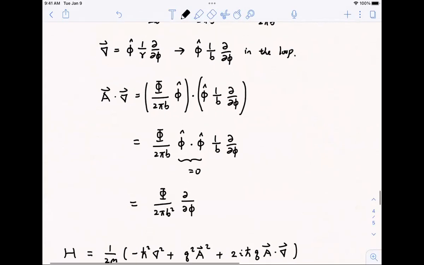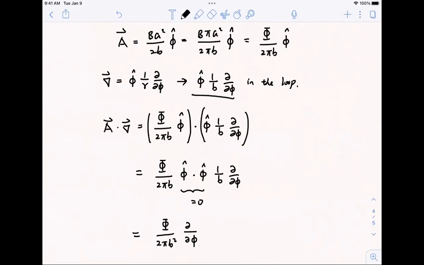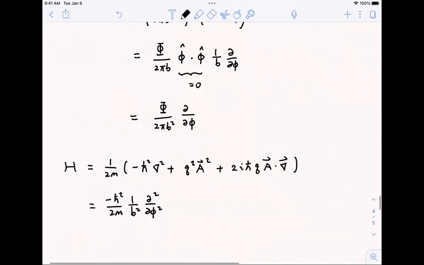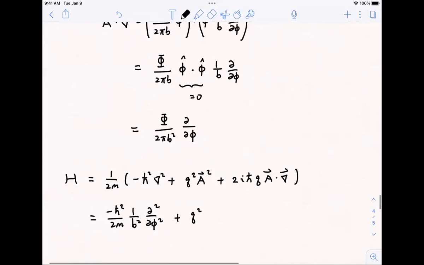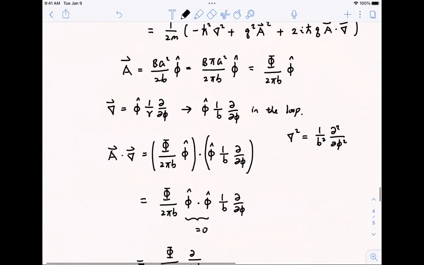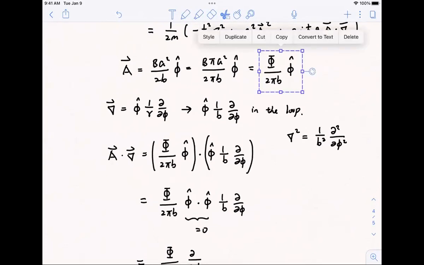Okay. So yeah, because you have this, okay. So if you have this square, this will become B squared. Okay, so you put it in here. Then plus Q square. Then your A will be this one.